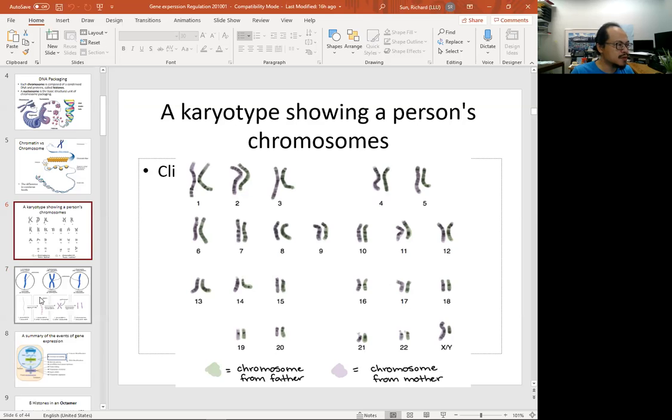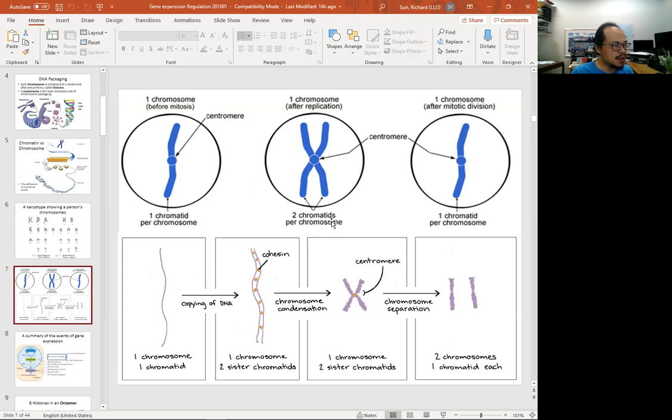During the S phase, when chromosomes are replicated, we have two, and now these two are connected at the centromere. So this one is a chromosome, and then it duplicates, and the duplicate is connected at the centromere.